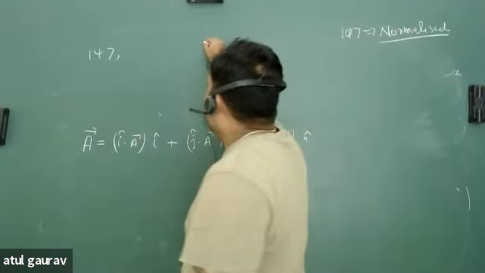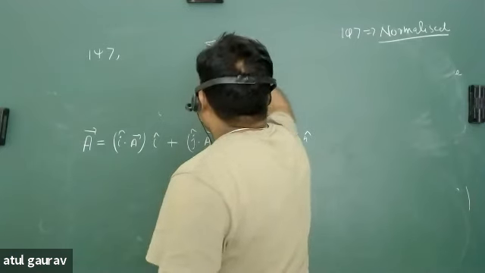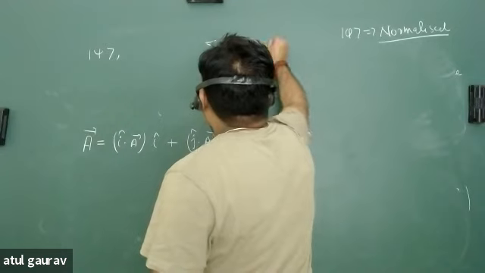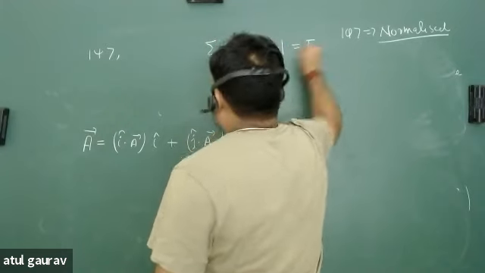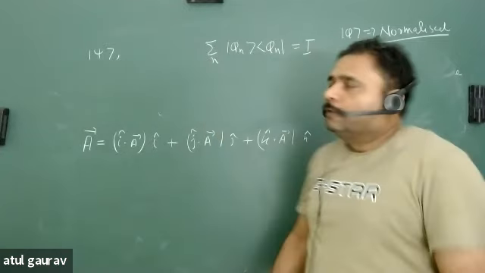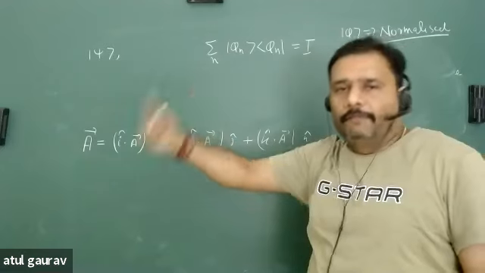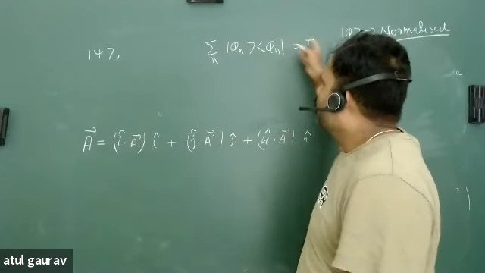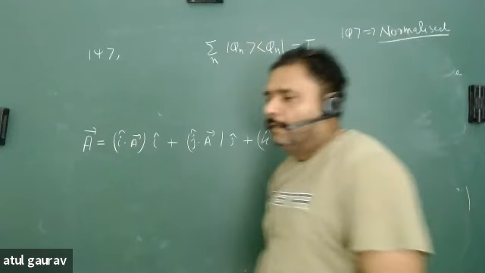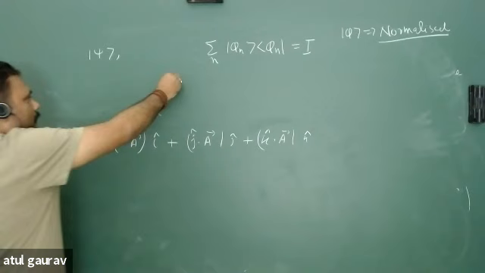So I have n number of basis vectors, and I have one completeness relation, and this will be 1. If all the phi's follow the completeness relation, we can do a beautiful exercise. What is this beautiful exercise?